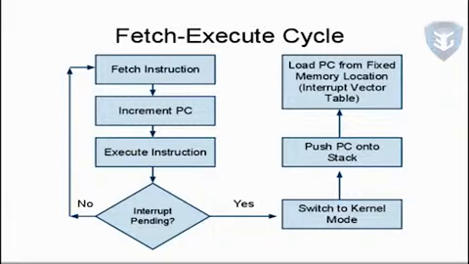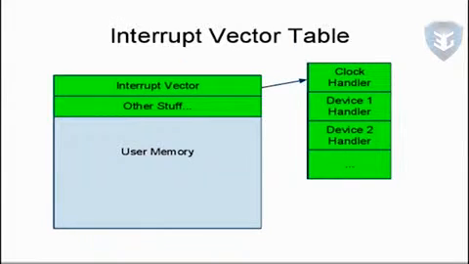So the CPU actually moves from executing program code to executing code from the interrupt handler for the particular event. If no interrupt is pending at the end of an execute, then we simply go back to the next instruction fetch. The interrupt vector table consists of an array of addresses of handlers.